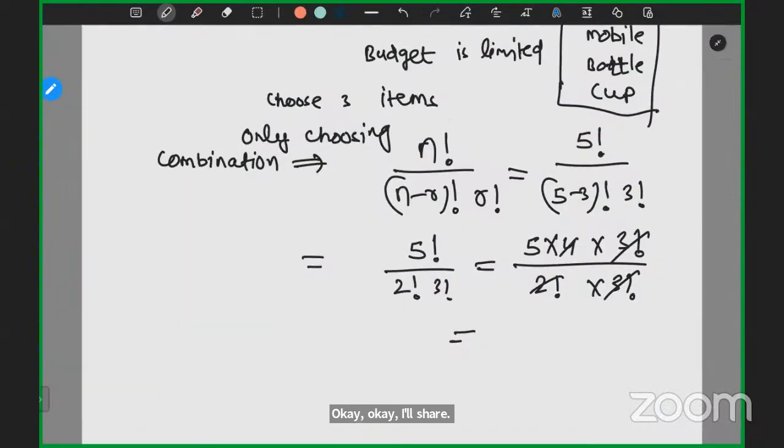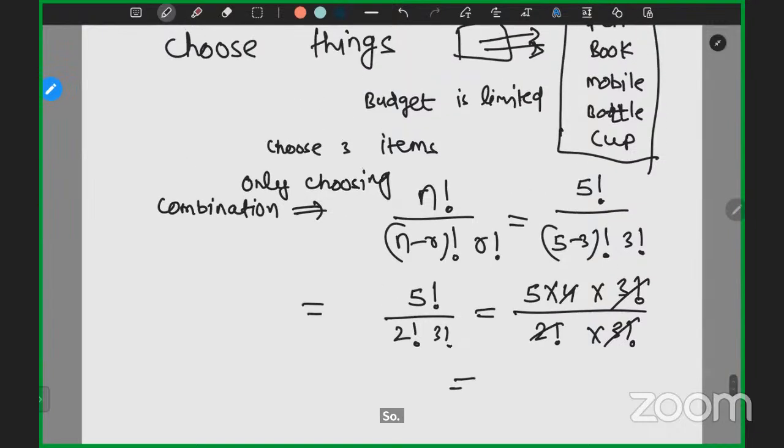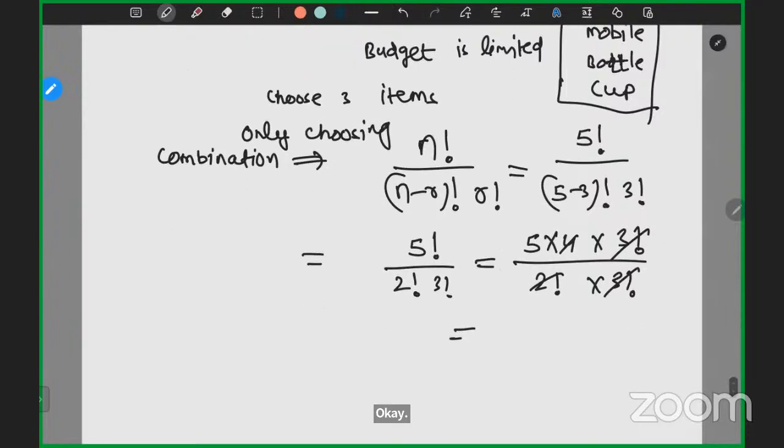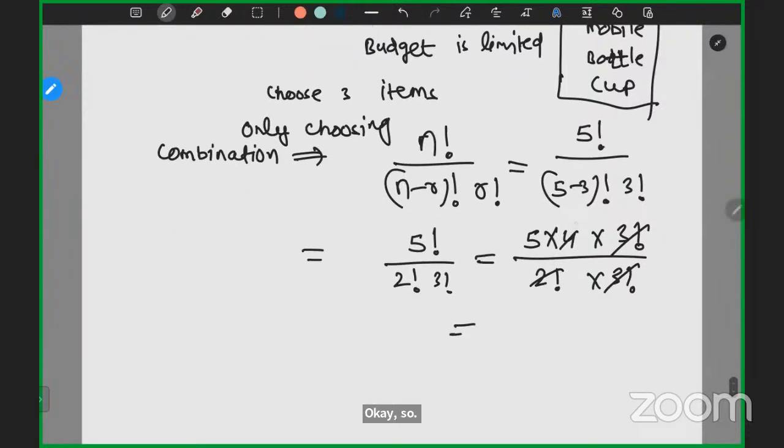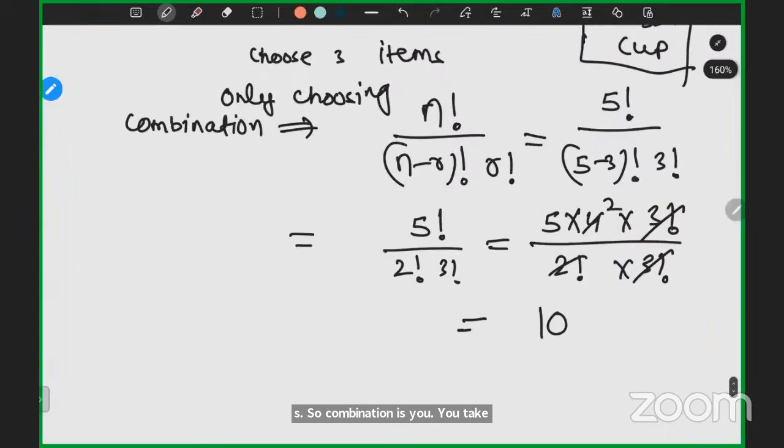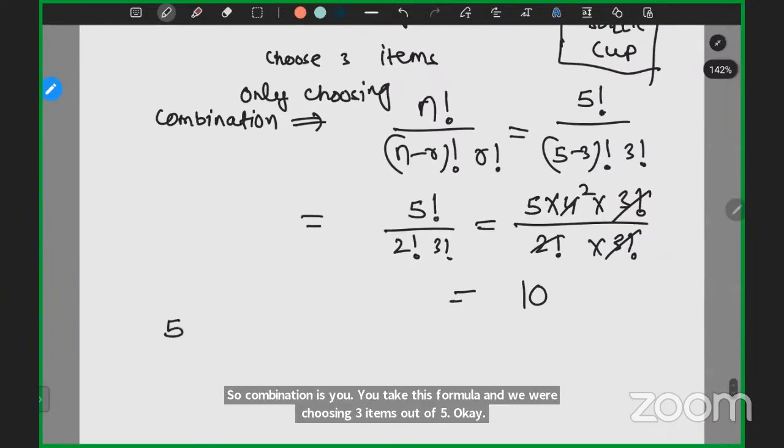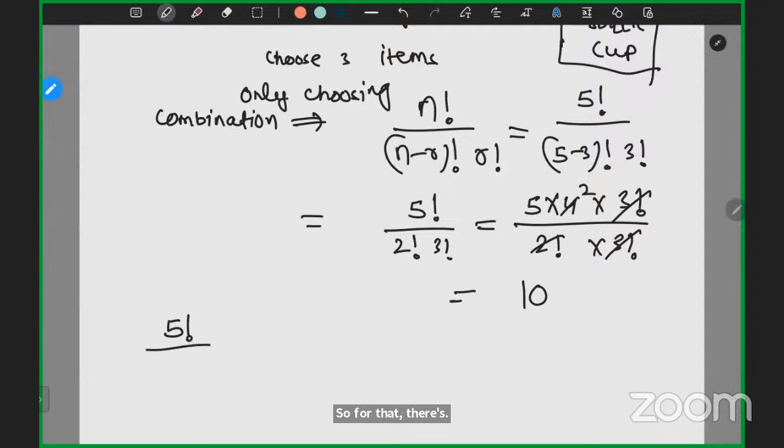So combination is: you take this formula, and we were choosing 3 items out of 5. Sir, can you explain that from the beginning? Okay, I'll explain. We had 5 items, and I wanted to choose 3 items.